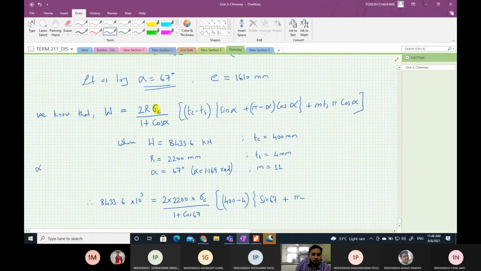What we have done, alpha is in degree, so by multiplying 67 by pi by 180 this converts into radian, 1.169 radian.